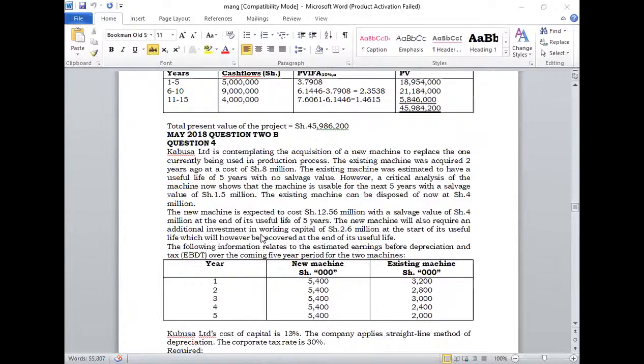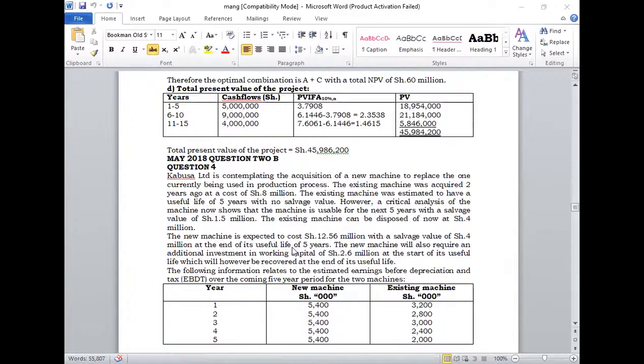The working capital of 2.6 million is needed at the start of its useful life, but will be recovered at the end of its useful life.